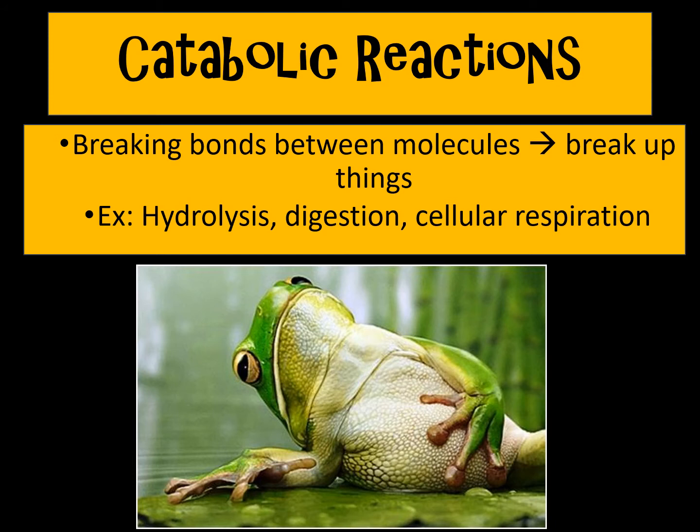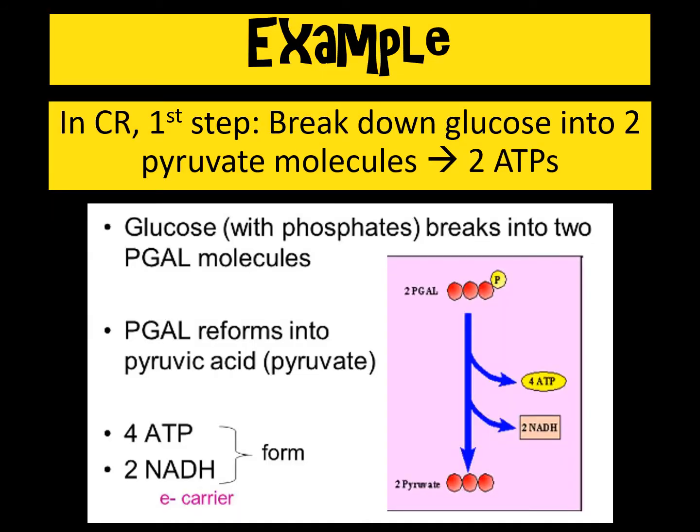And we also see it in cellular respiration, right? You have this large molecule of glucose and it's broken down into carbon dioxide and water. So all of those are considered catabolic reactions. And just to give you an example of another catabolic reaction that we will see very shortly, in cellular respiration, the first step of this process is called glycolysis.